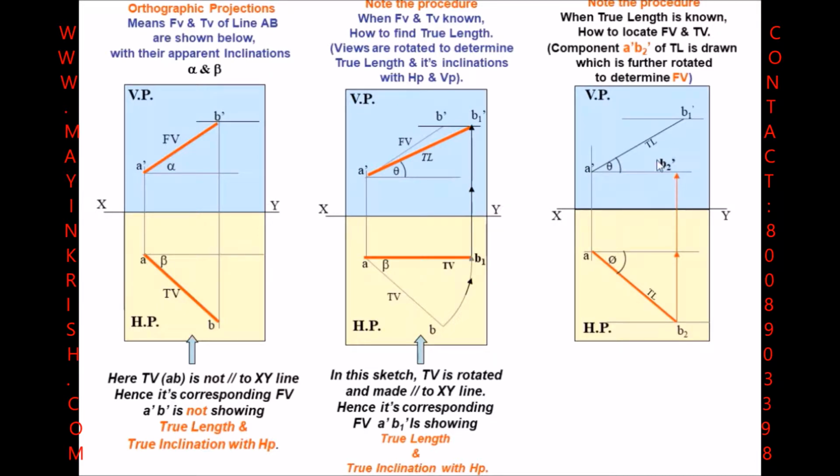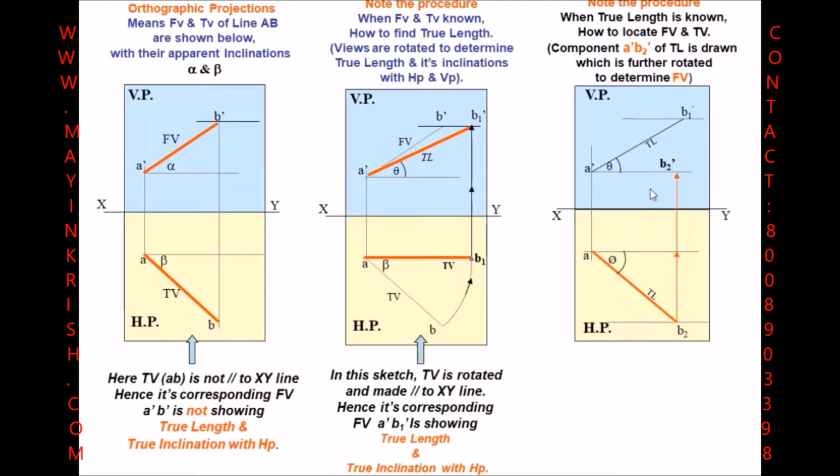And we don't have any scope to place B2 dash in this particular manner, because B1 dash, which has been inclined with respect to HP, has been placed in a new position, and we have drawn a locus line which is the source for the front view B points. So wherever we get the front view B projection, it has to be placed only on this particular line because it acts as the source for the front view B projections.